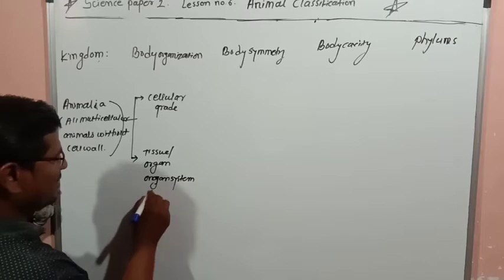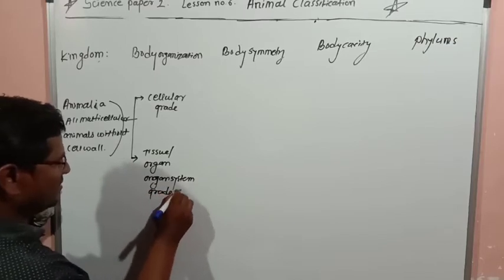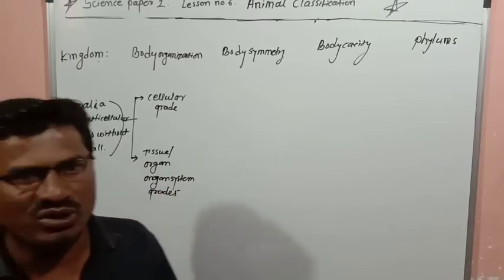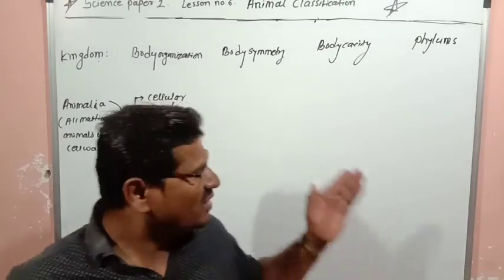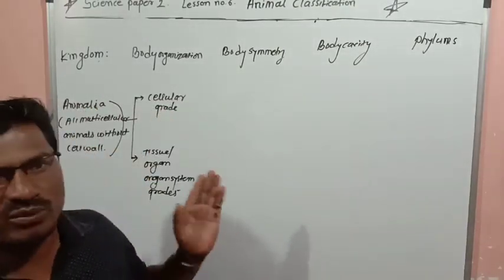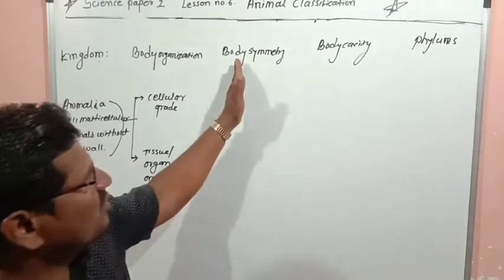These are the grades of organization. Okay, and in the cellular grade of organization, next we are going to see body symmetry.